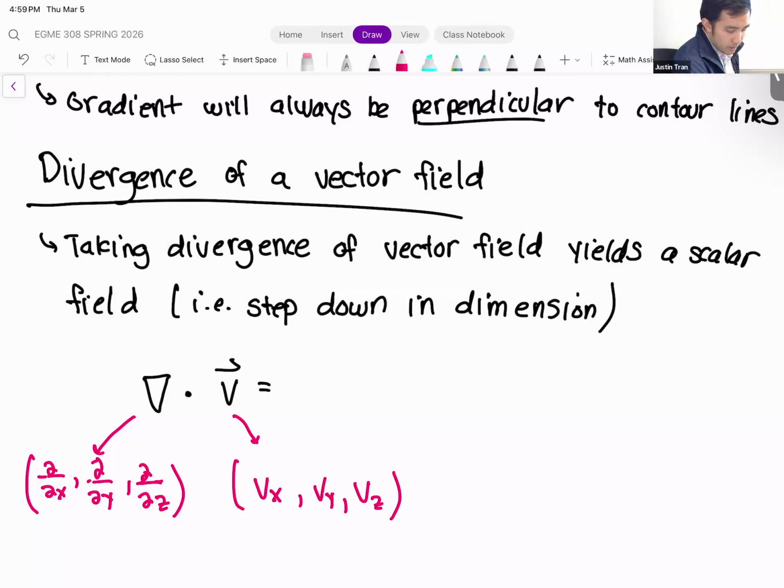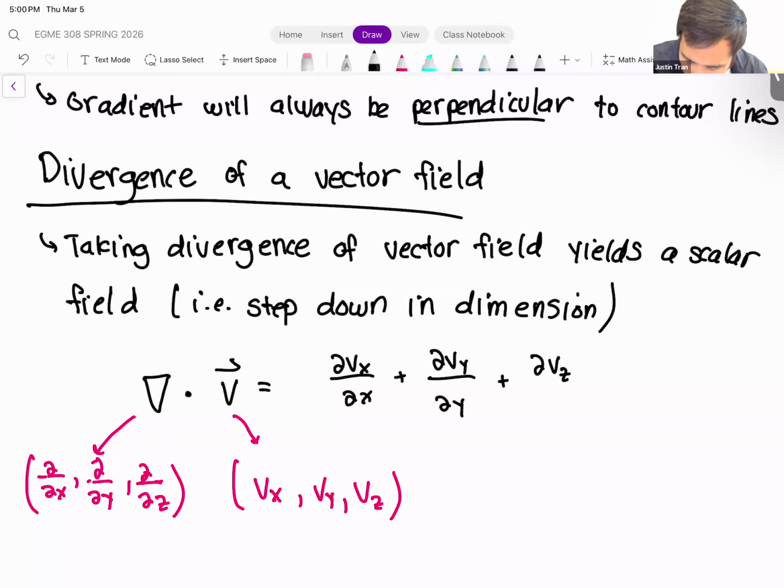If you think about it like that, then taking the divergence ends up really easy to do, because we're just going to take the dot product between these two vectors. So we end up with partial Vx over partial x, plus partial Vy over partial y, plus partial Vz over partial z.